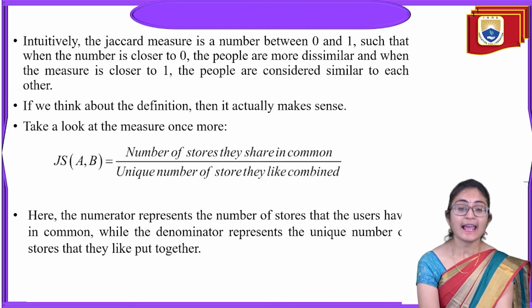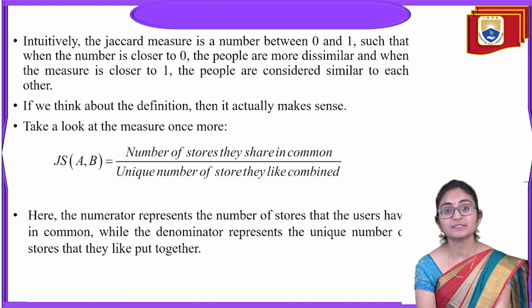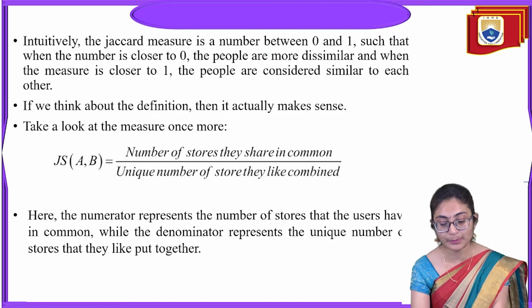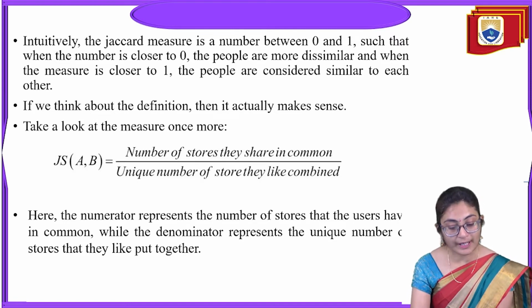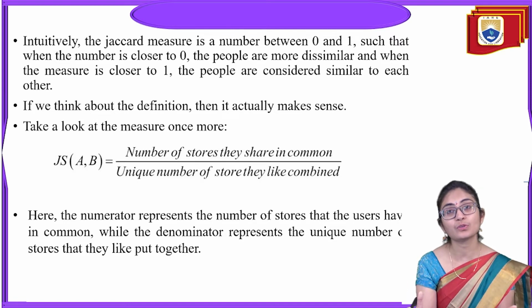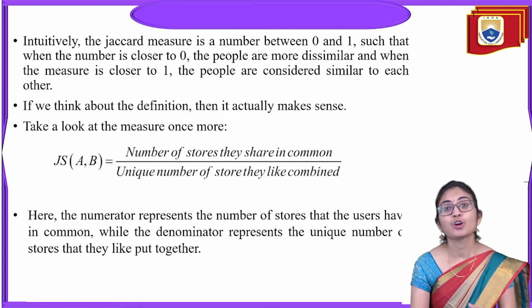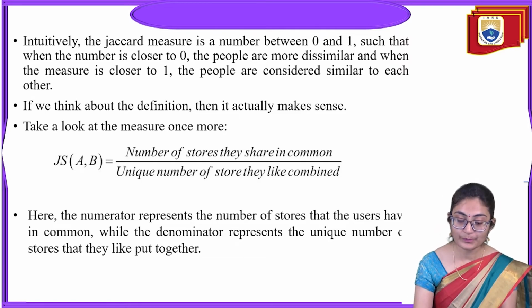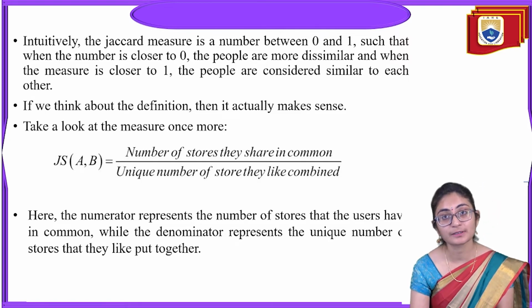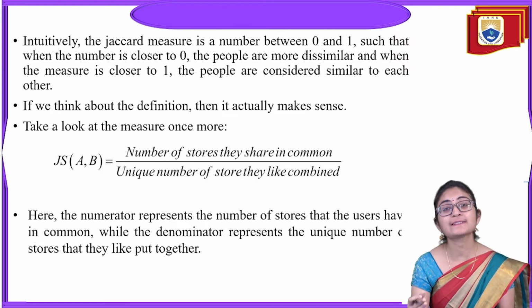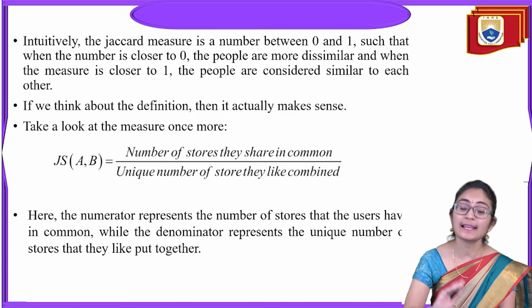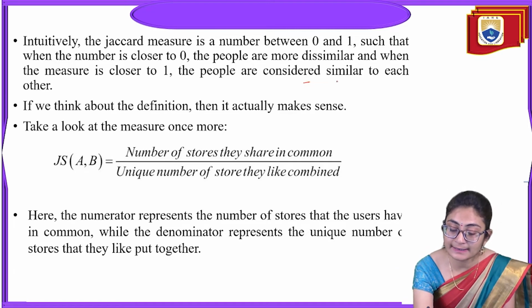Now, the Jaccard measure is generally a number between 0 and 1. When the number is closer to 0, people are more dissimilar. They do not have any similarities. But when the measure is closer to 1, then we can say that there is similarity.